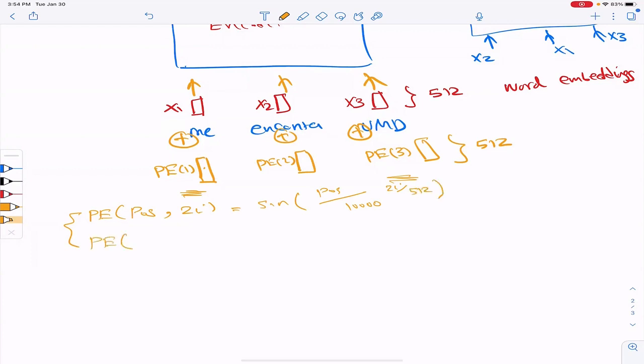And for the odd positions, it is basically the same, but the cosine function.